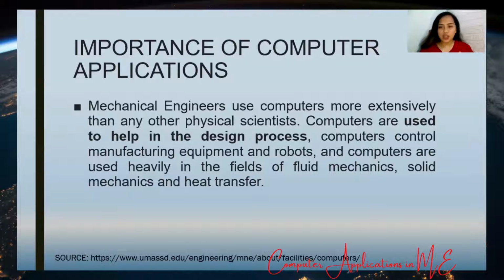Mechanical engineers use computers more extensively than any other physical scientists. Why? Because computers are used to help in the design process. Computers control manufacturing equipment and robots. And computers are used heavily in the fields of fluid mechanics, solid mechanics, and heat transfer.